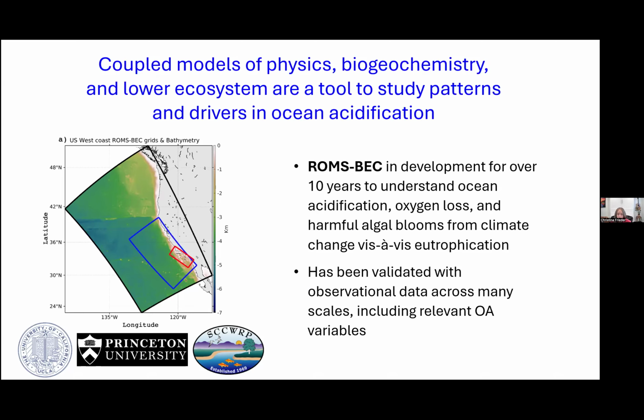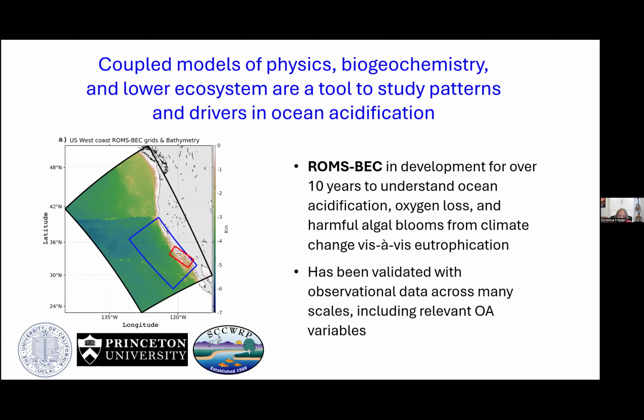So our land-based nutrient inputs that are going into the coast in the Southern California Bight, along the San Francisco Bay and Monterey regions, and what is the relative contribution of eutrophication versus climate change to changes in ocean acidification.